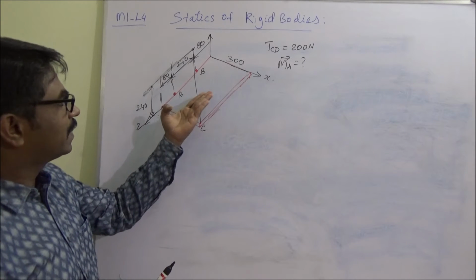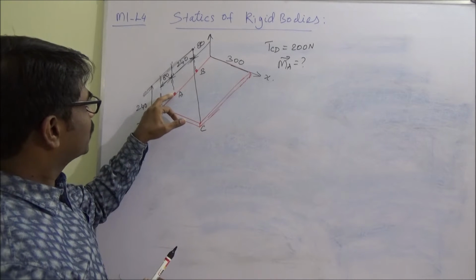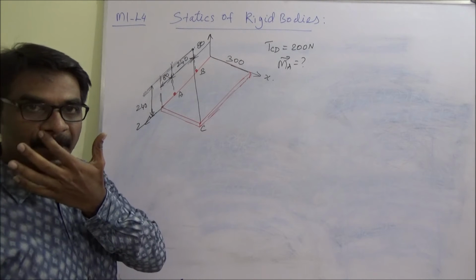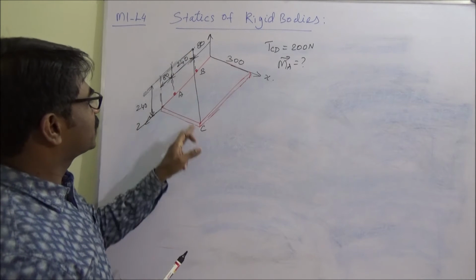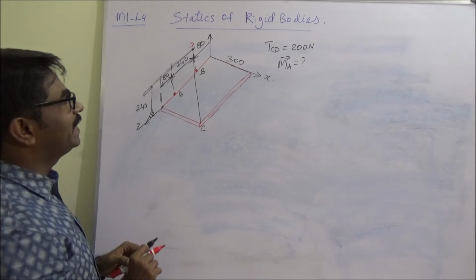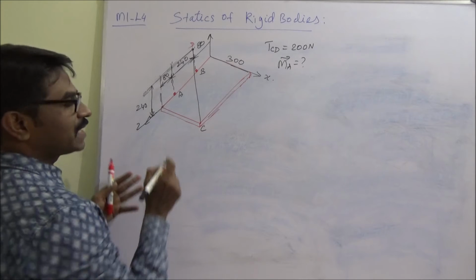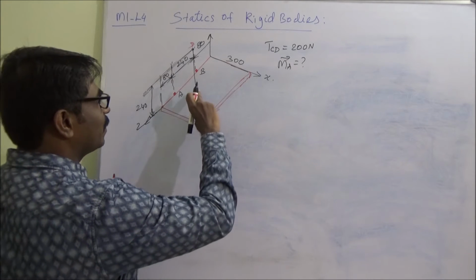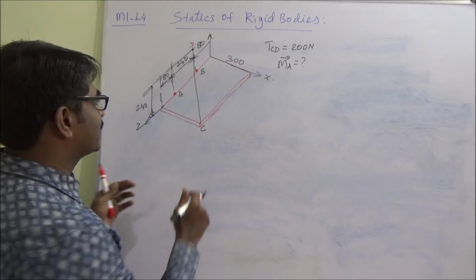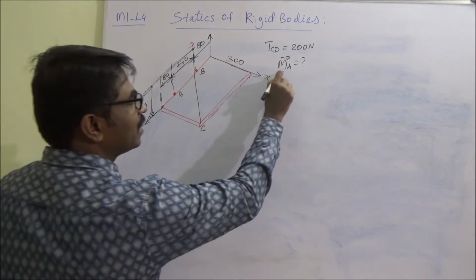You have a rectangular slab, fixed by means of some clamping at A and B, and also there is a wire CD. At D it is tied. Now what is asked is, this is the external force, the tension force that is acting. About A, what is the moment?